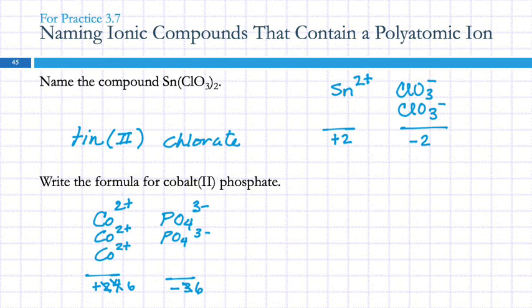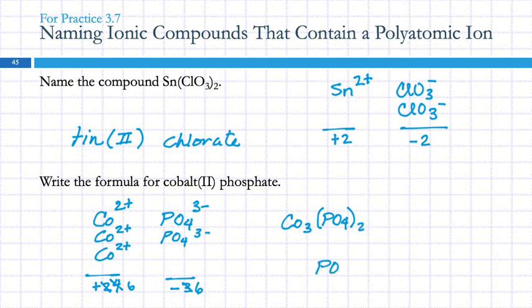There's other ways to think about that. But if those other ways make sense to you, you probably don't need me to explain them to you. So then our formula here is Co3, and then this phosphate as a polyatomic ion, and there's more than one of them. There's going to be 2 of them, so I need to put shrink wrap around it and put the 2 on the outside.